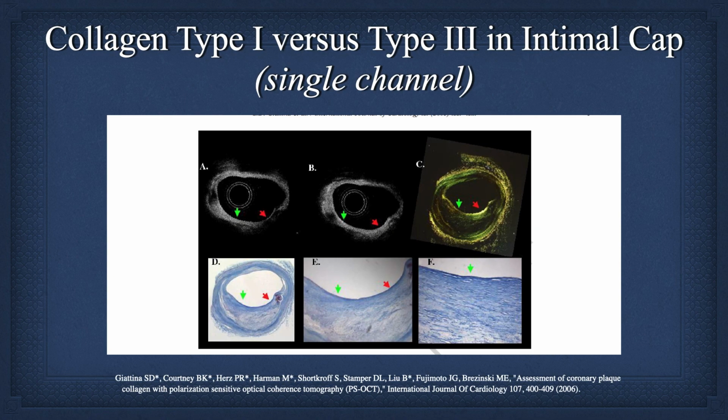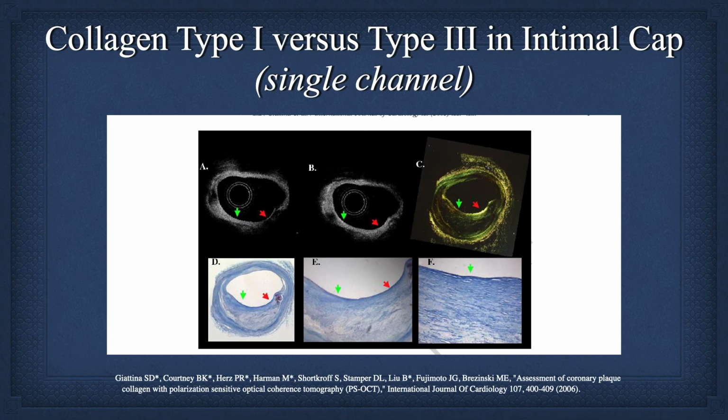And some tissue isn't as birefringent. In artery walls you don't have as much collagen as you do in cartilage or in a tendon, and so you rotate the polarization state. Without going into detail, the upper right is picrosirius red stained. The red arrow shows in the picrosirius red a lot of collagen type 1, and the green arrow a small amount.